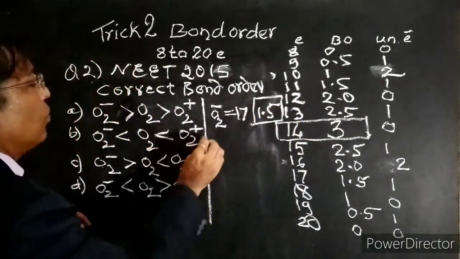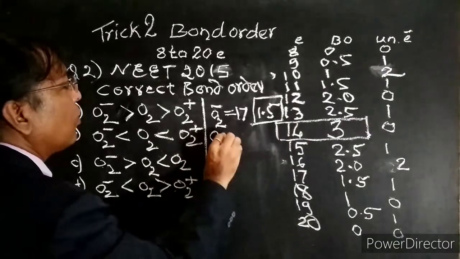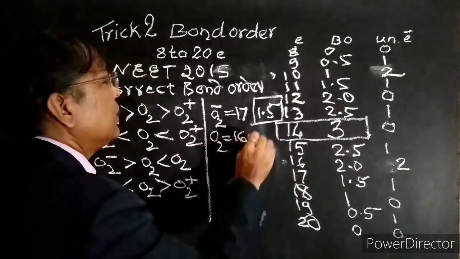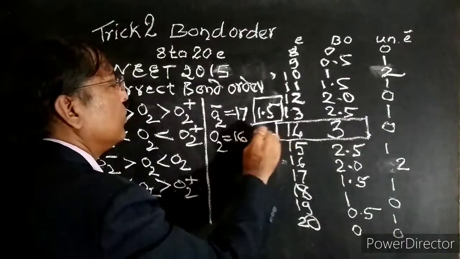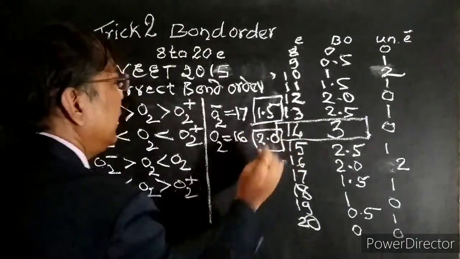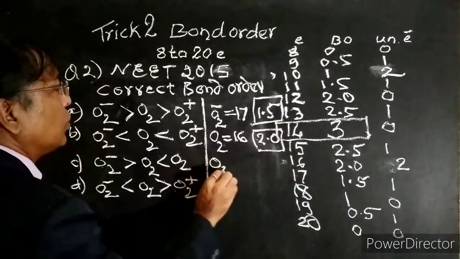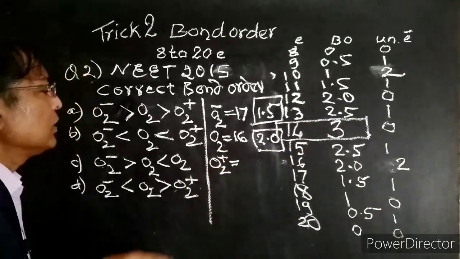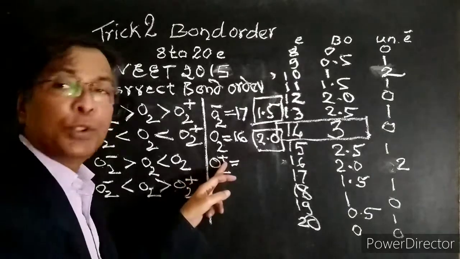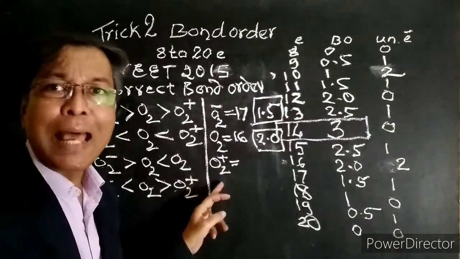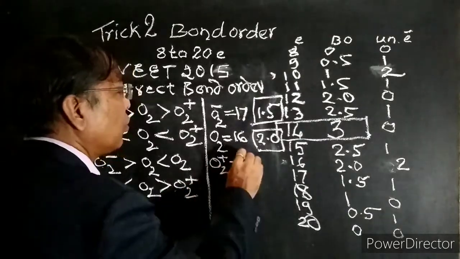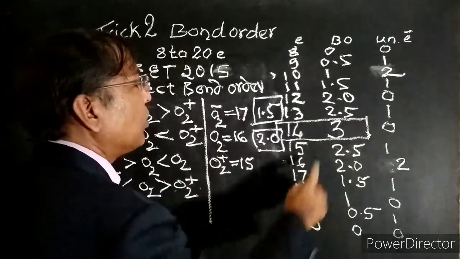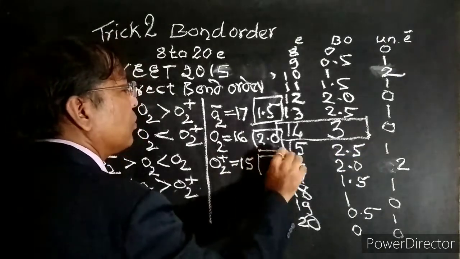In case of O2, the total number of electrons is 16. Sixteen means the bond order is 2.0. In case of O2 plus, the total number of electrons is 16, and there is one positive charge. That means this molecule has lost one electron. Therefore, the total number of electrons is 15. Fifteen means the bond order is 2.5.